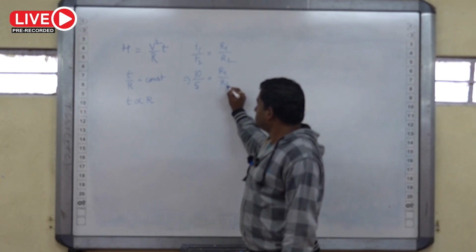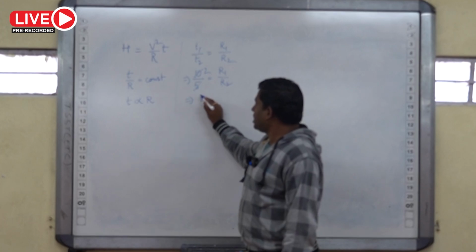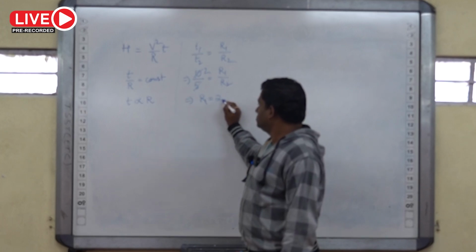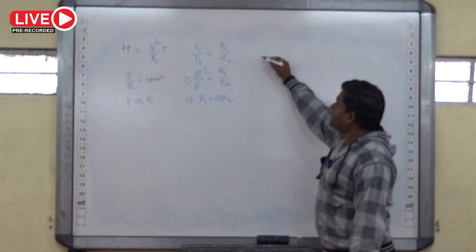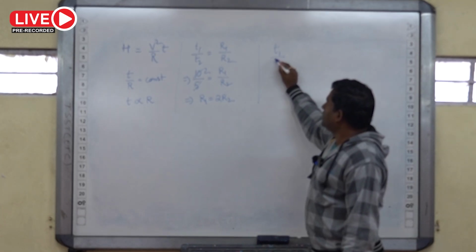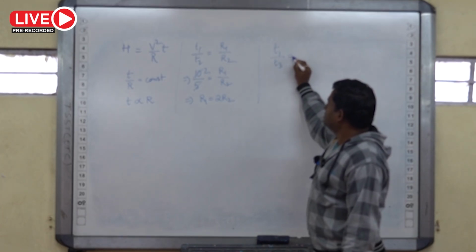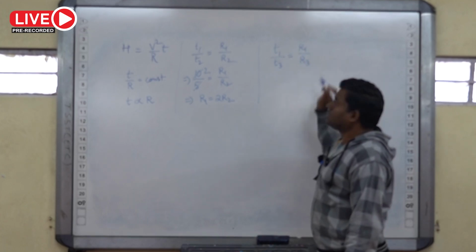So we get R1 equal to 2R2. Next time I will again write T1 by T3, that is equal to R1 by R3.